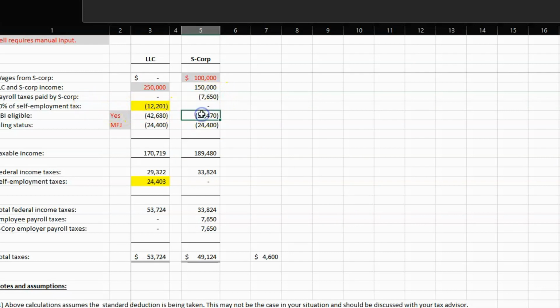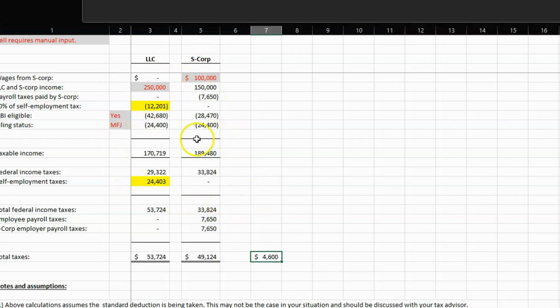You've got this QBI deduction, you've got the filing status, so your total taxable income is $189,000. Tax on that is $33,000, okay? But then you've got to add in your portion, and then the S-Corp portion. So total savings from a personal tax standpoint is $4,600 in this example.